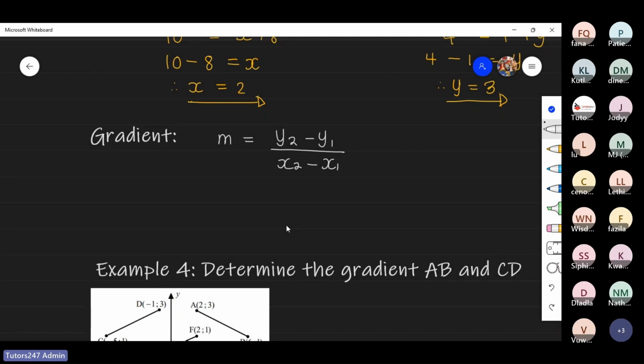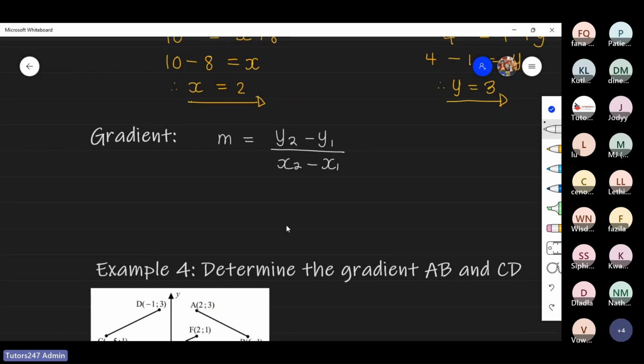We have different types of gradient: collinear gradient, parallel gradient, perpendicular gradient, and our normal gradient that we use for that formula. It is important to be able to understand how to calculate each different type of gradient, as well as the properties of that specific type of gradient.